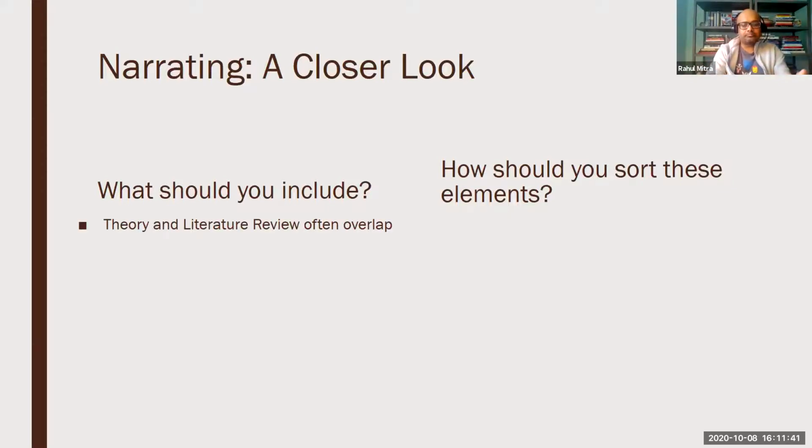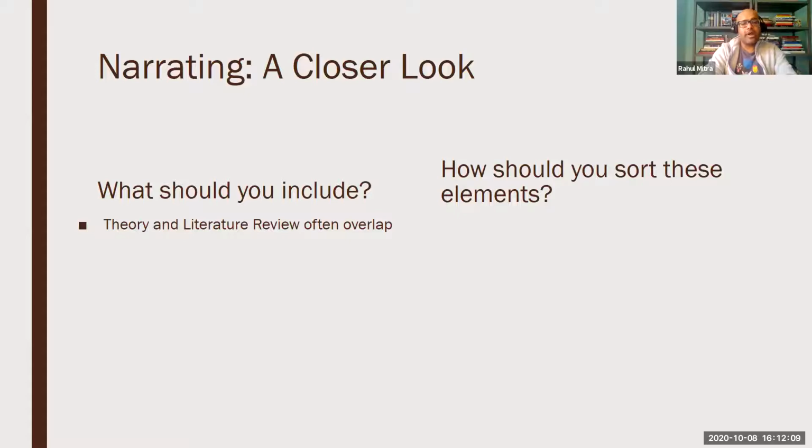First of all, you'll remember back in the first slide of this webinar, there was a little backslash between theory and literature review. The reason being, especially in qualitative research, theoretical pieces and scholarly literature, just empirical work, often overlap.